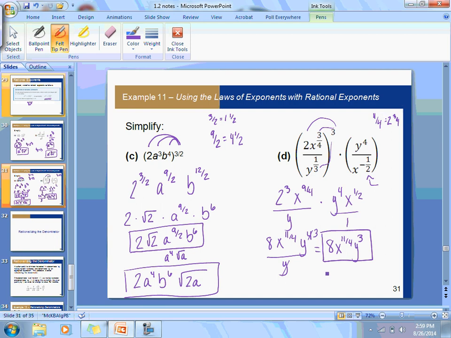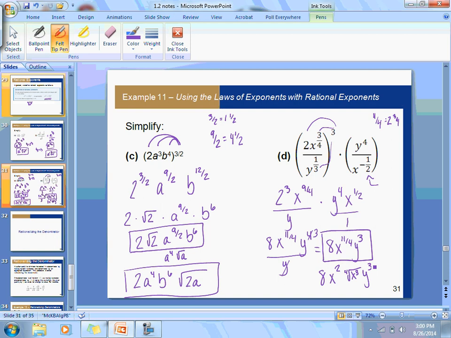So that would be still an 8, but you would have 2 whole x's that you would pull out. And then you would have, kind of running out of room here, your fourth root of x to the third as your leftover. And then you would have your y to the third.